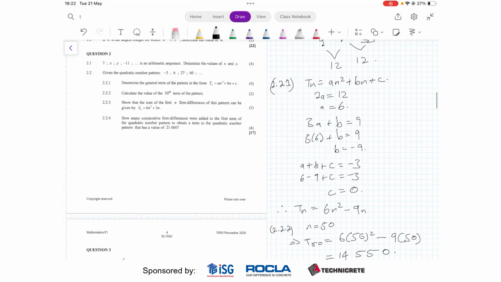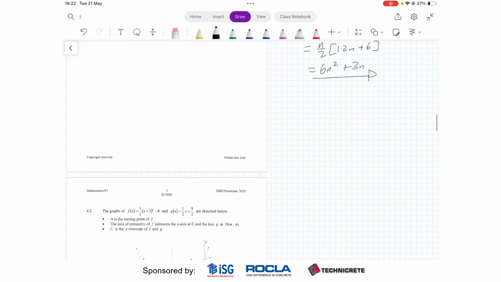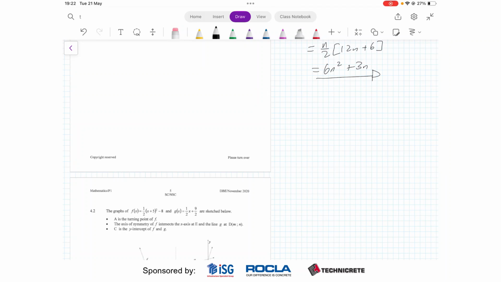Now, this question is asking us how many consecutive first differences were added to the first term of the quadratic number pattern, okay? The first thing we're going to do is, that's 2.2.4, we're going to say minus 3 plus Sn is equal to 21,060, okay?